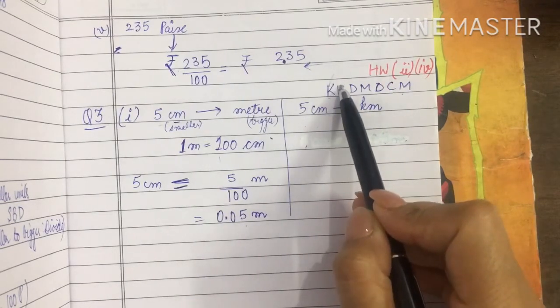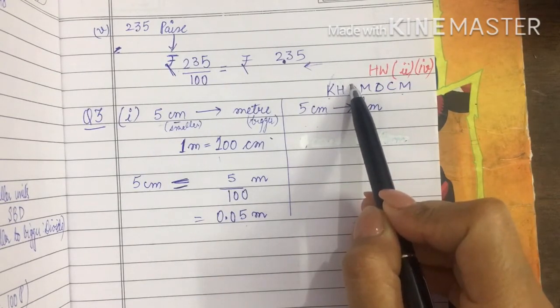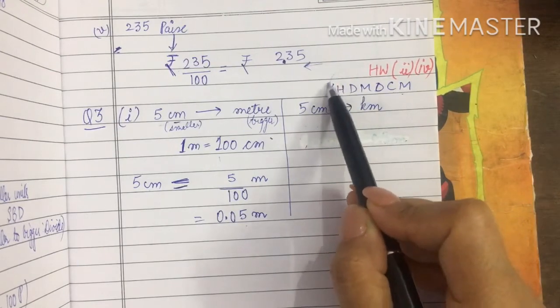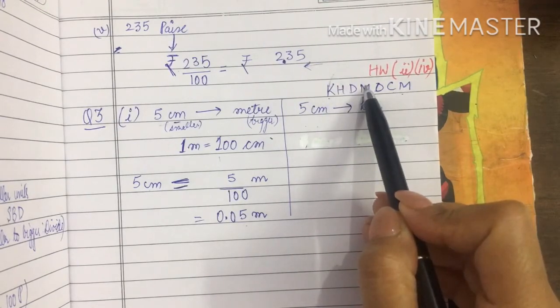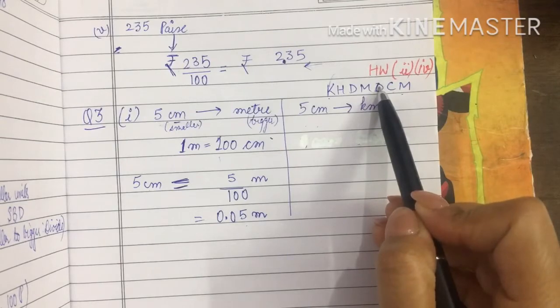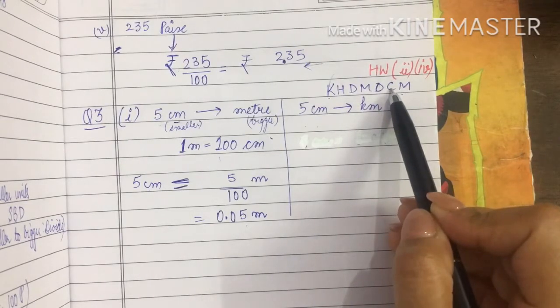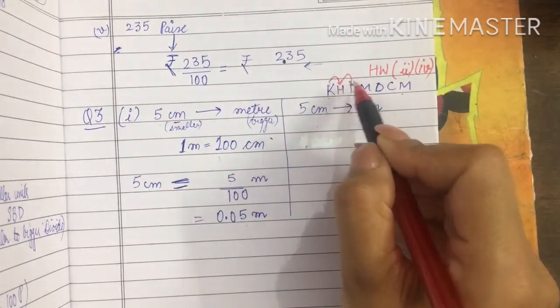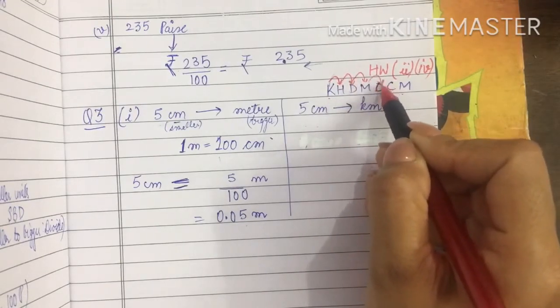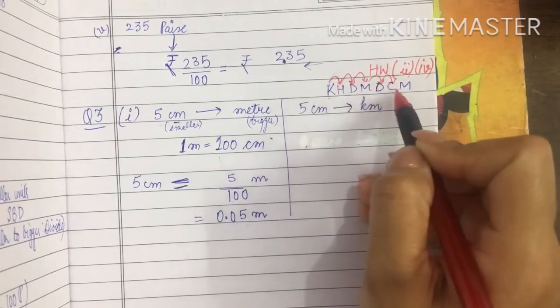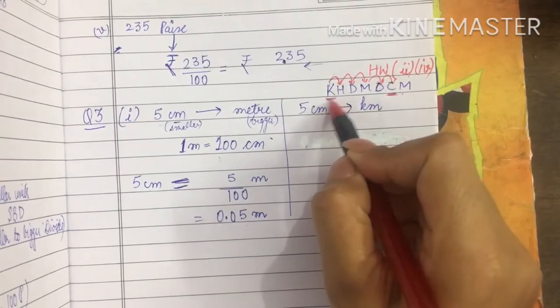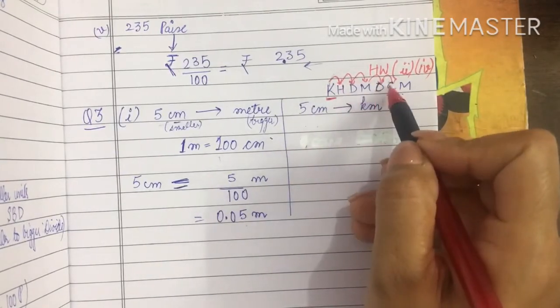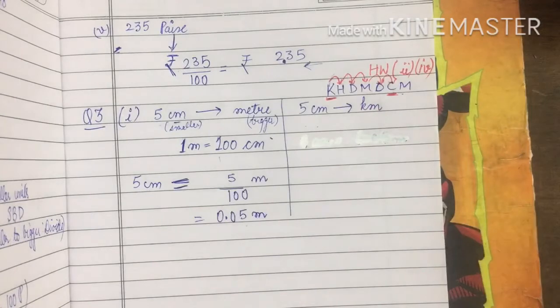From K to H, 1 step, H to D, 2 steps, then till M there will be 3 steps, till here 4 steps, and up to C will be 5 steps. After jumping 5 times you will reach centimeters. So the number of jumps tells you how many zeros you need to put with 1. This is one way of doing it.